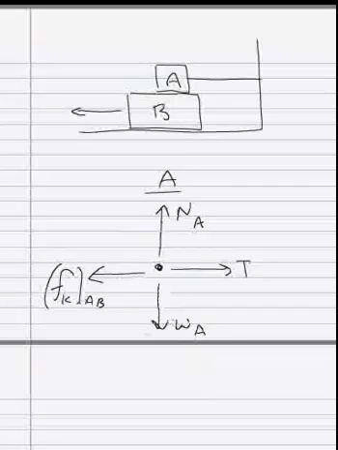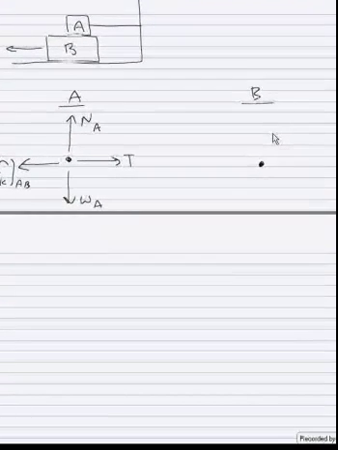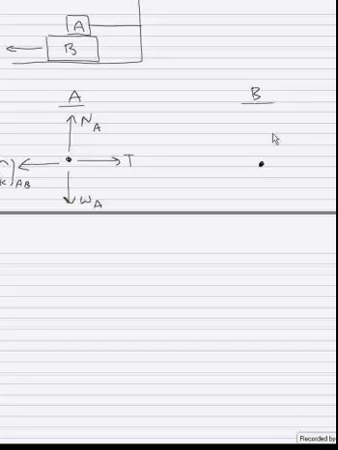On block B, things are a little more interesting. We have a force, F, acting on B. We have the bottom surface, the ground, acting on B. So it's pushing up with a normal force.